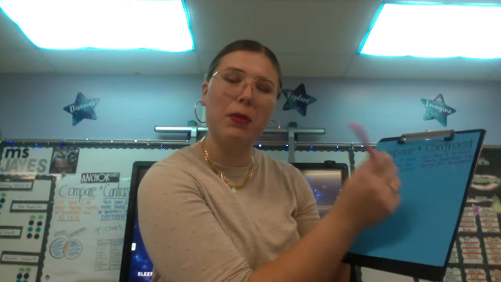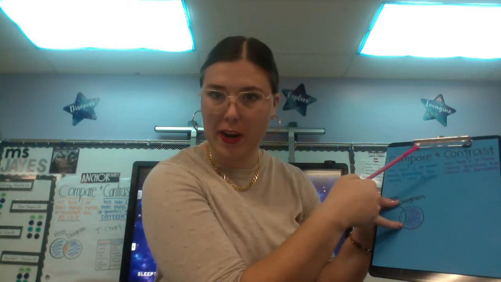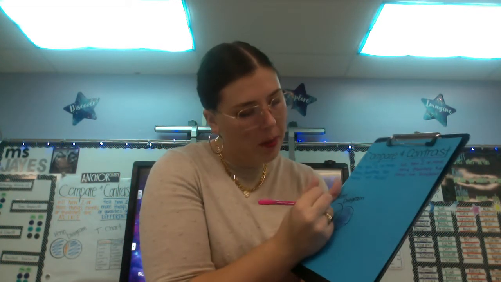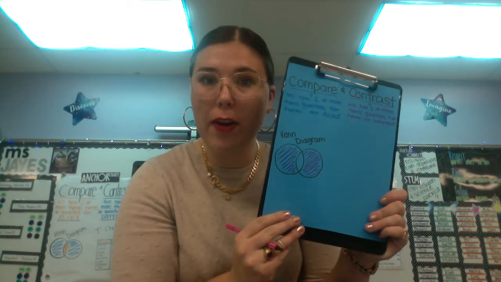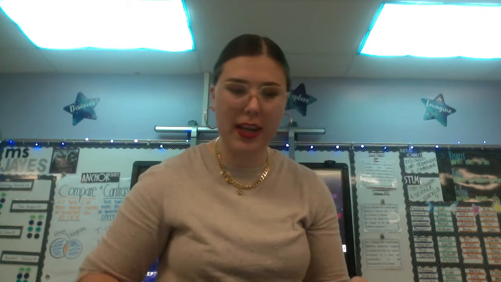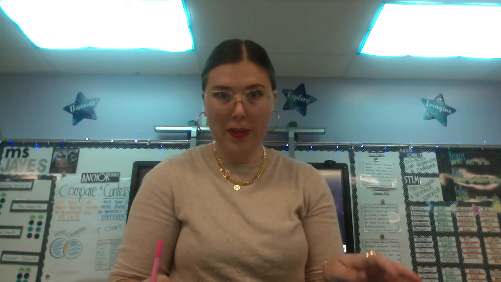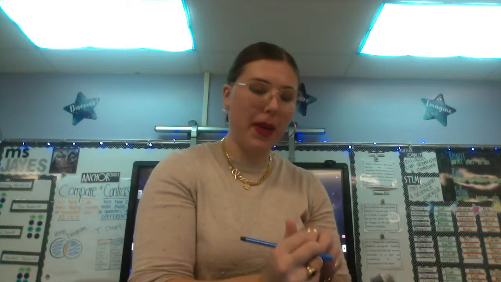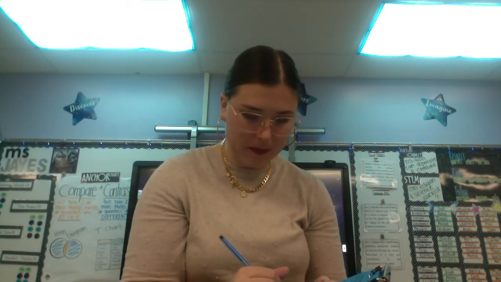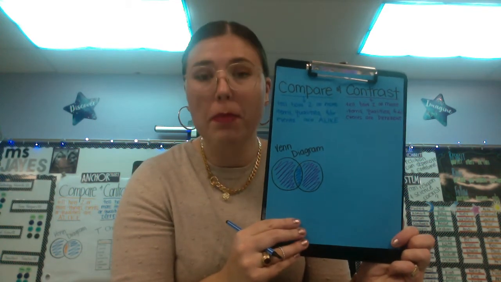If you did not use colors, I would write contrast, contrast, compare in the middle. But since Miss J has colors, she's going to color the two outer sides the contrast color. Sorry, I'm balancing on my knee. And then the compare color in the middle, because in the middle is what is the same between those two.